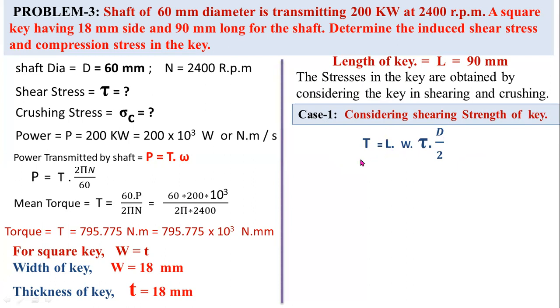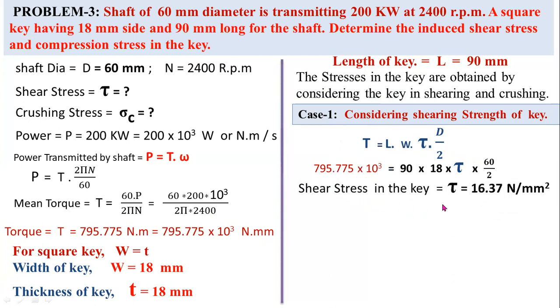Torque, length, width and diameter are all in millimeters. From this equation, the shear stress induced in the key tau equal to 16.37 Newton per mm square. So this is the answer for this problem.